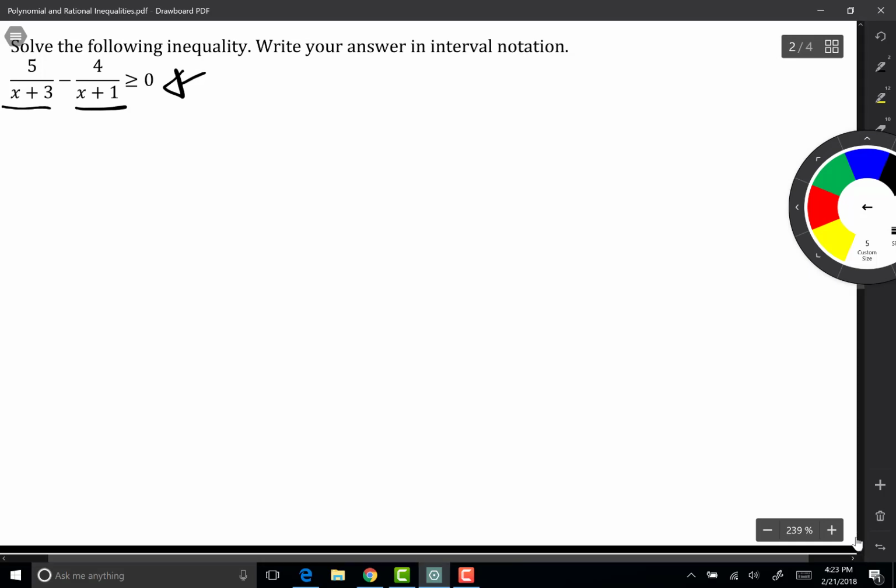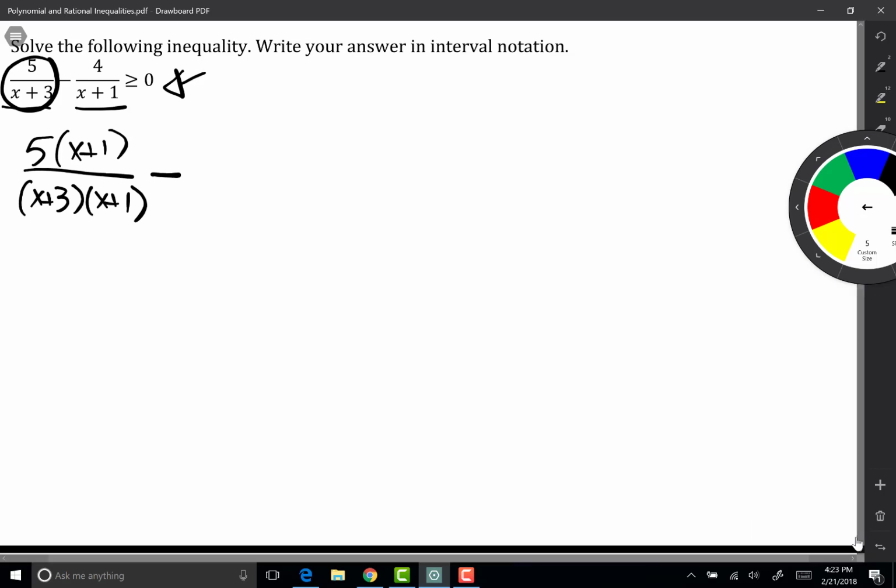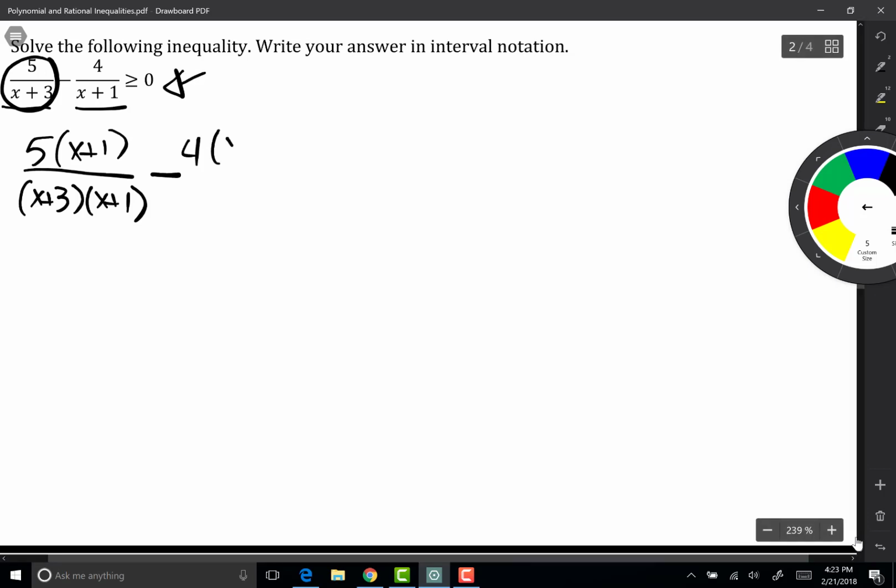So for the first fraction, I'm going to multiply the top and the bottom by x plus 1. For the second fraction, since I want a common denominator, I'm going to multiply the top and the bottom by x plus 3.